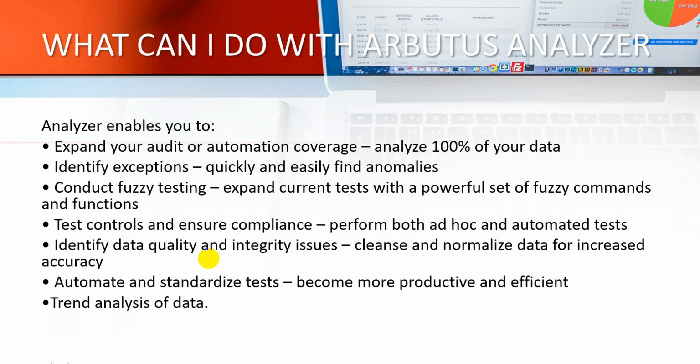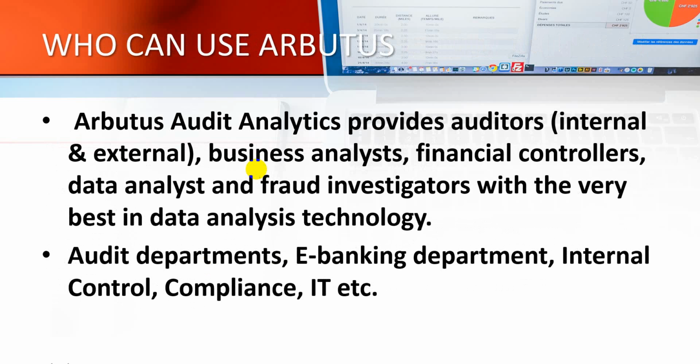Once there are tests that you run on a periodic basis, you can automate the testing such that every week or every day you'll be able to run the procedures in Arbutus to send you the report or generate your report for you easily. Then also we look at trend analysis as well. So it's able to help you when you are doing your trend analysis as well.